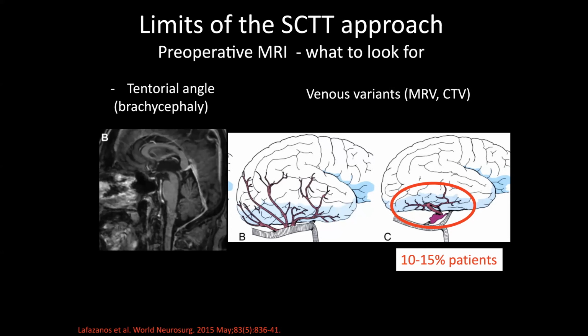In an approach that traverses the tentorium and potentially sacrifices these tentorial sinuses, this could lead to a very significant complication of venous infarction of the medial basal temporal lobe. So certainly something to look out for.